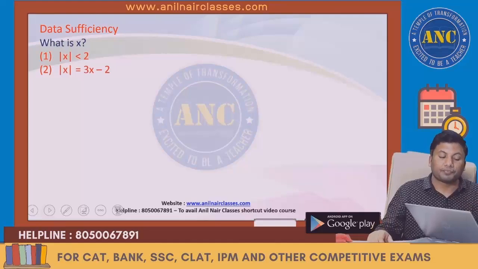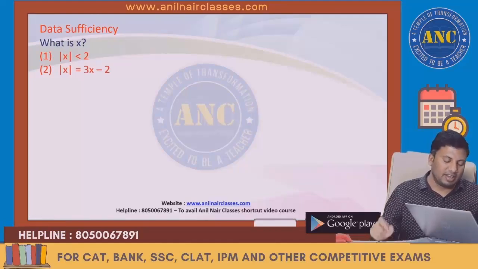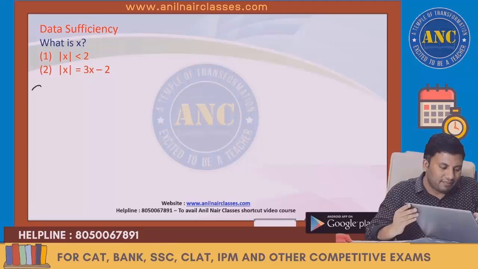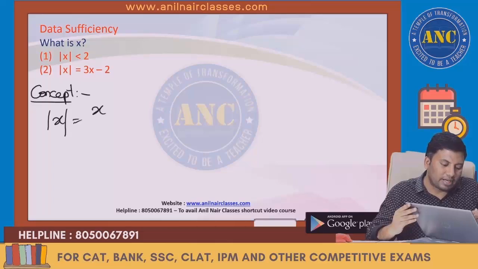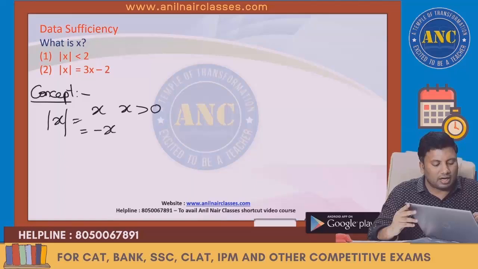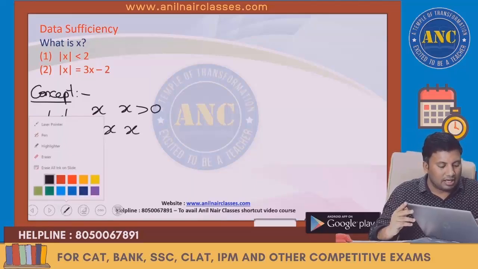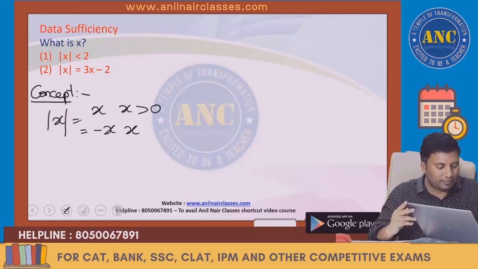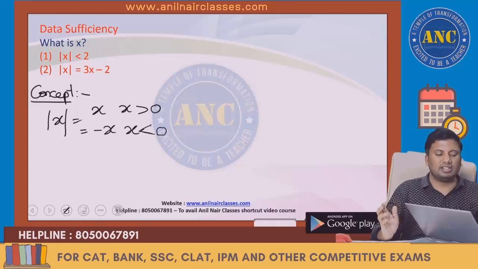Next one. What is x? It's a very, very good question, sir. First we will see the concept. Mod x is equivalent to x if x is greater than 0. Mod x is equivalent to minus x if x is less than 0. Statement 2: x is less than 0.